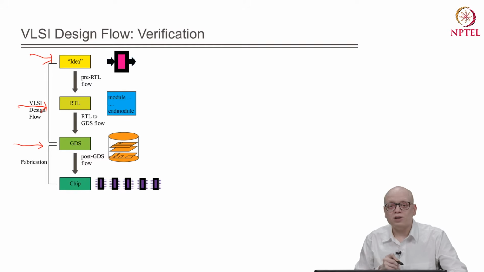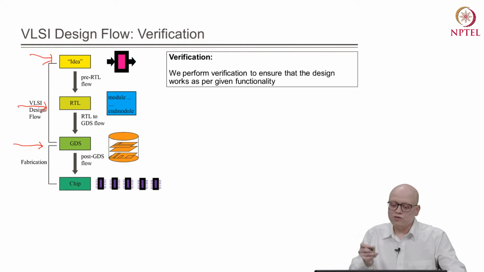So, these are a few examples of what can go wrong in this implementation flow, and to check whether we have not made any mistake or the design is still good, we need to carry out the verification step along with the implementation step, and this is what we will be covering in this lecture. So, what is verification? We perform verification to ensure that the design works as per given functionality.